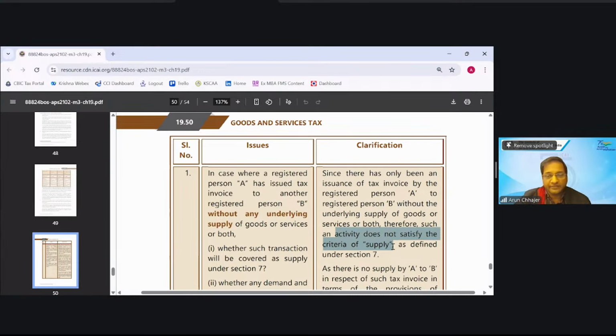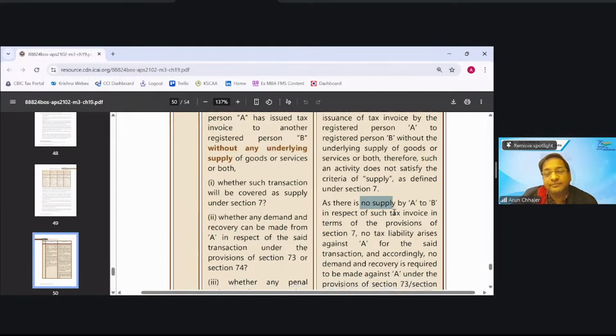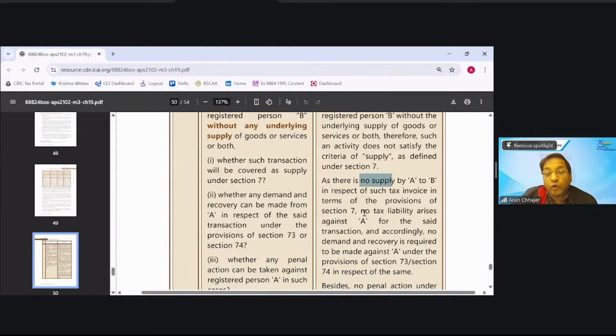तो ये supply तो नहीं है, ठीक है. Whether any demand or recovery can be made from A in respect of the said transaction under section 73 या 74, ये बड़ा इंपॉर्टेंट क्वेश्चन है. मतलब इसमें क्या है, जिसने सिर्फ एक इनवॉइस किया है, क्या उसके अगेंस्ट में 73, 74 हो सकता है क्या? As there is no supply by A to B, hence no tax liability arises against Mr. A. क्या था हमारा?